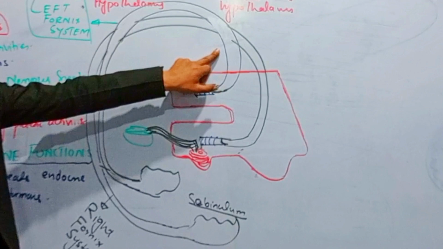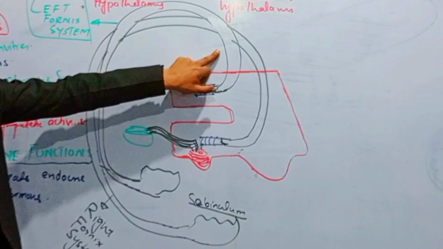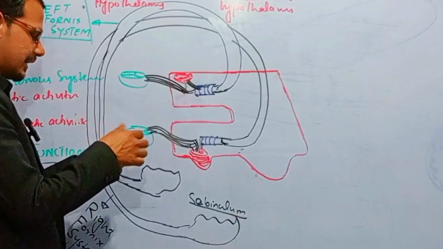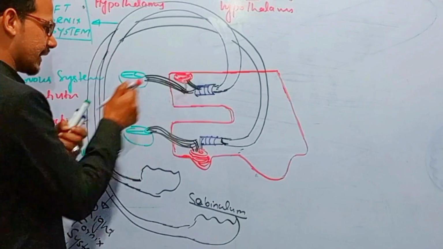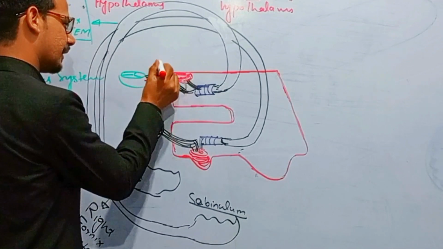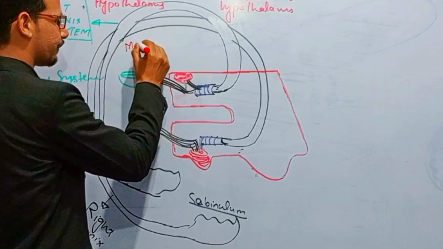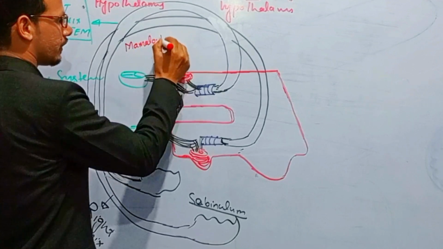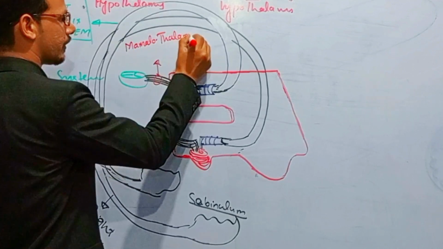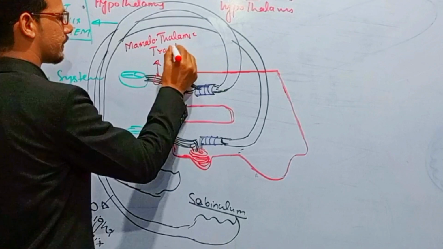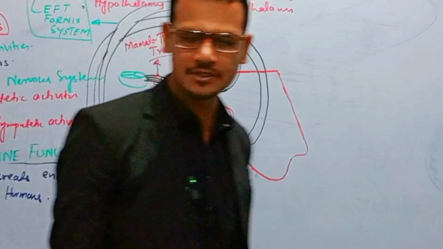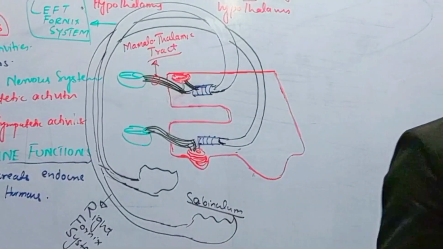What are these fibers? These fibers are called fornix fibers, and these fibers are called the mammillothalamic tract. Our brain is rich in tracts, commissures, right?